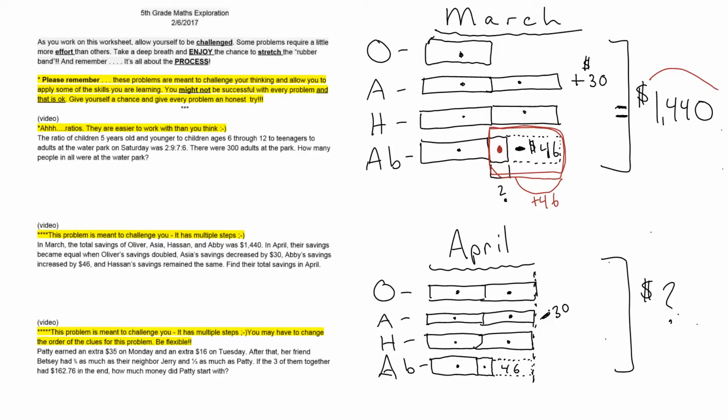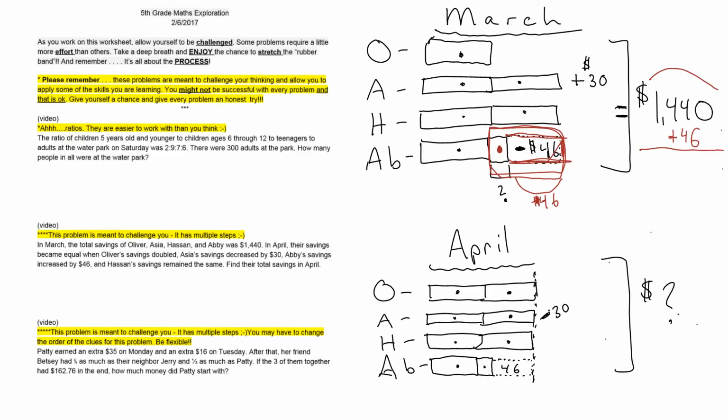If I add 46 over here, well, that means I also need to add 46 over here. Because originally, all these things plus that little smidge add up to 1,440, because I didn't have the 46. That was a loss, or a debt. But now I'm going to treat it like a gain. I'm going to go ahead and put this 46 on here to actually make this a second unit for Abby.